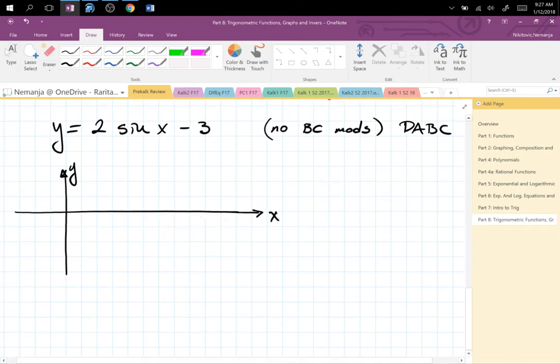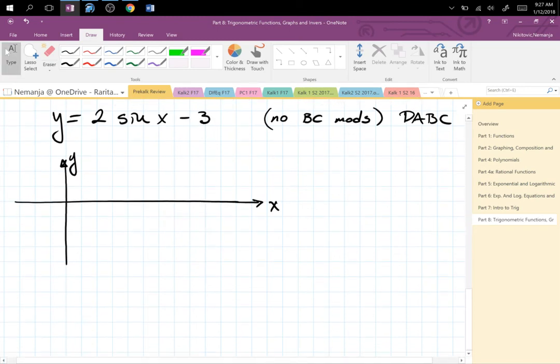Well, my midline used to be at the x-axis, but now that midline is shifted 3 units down. Guys, midline is not a horizontal asymptote. Midline is just a midline that will have amplitude up and amplitude down for the whole trig function.